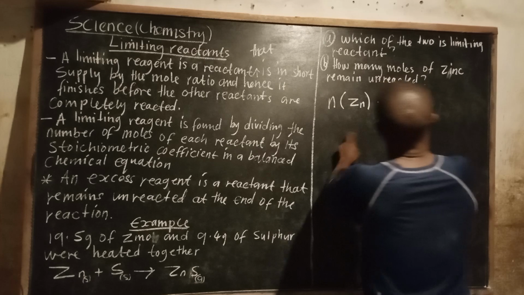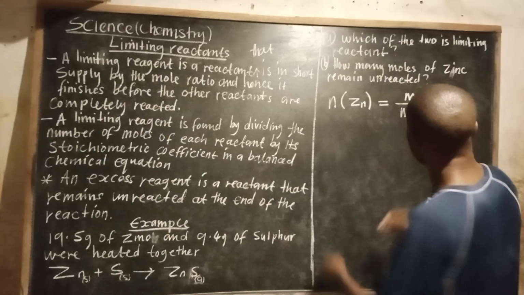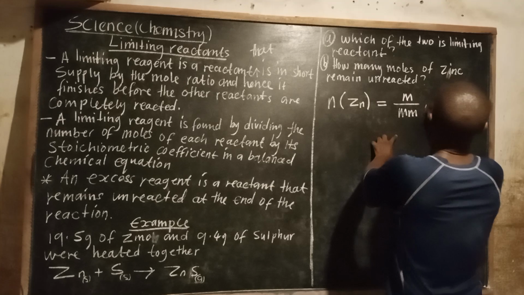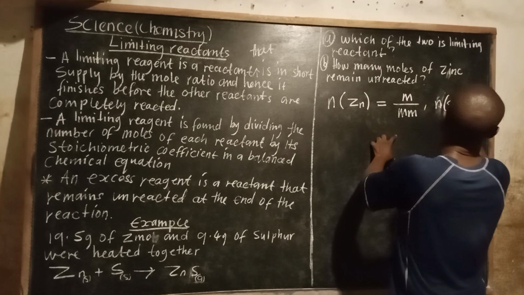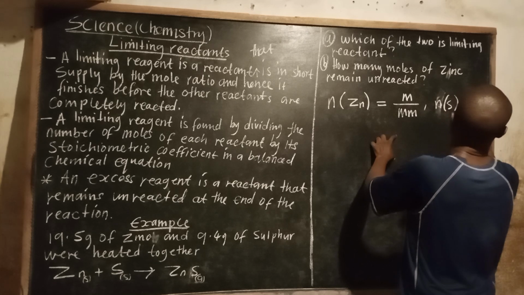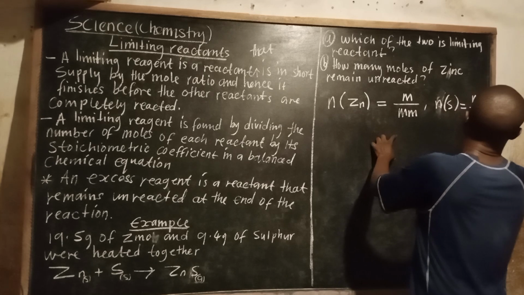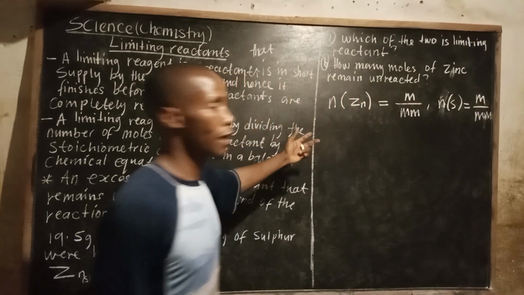Then we come to sulfur. I think we are going to do them simultaneously. Sulfur also, the number of moles of sulfur is equal to mass over molar mass, where M is the molar mass. This is the formula. Okay.